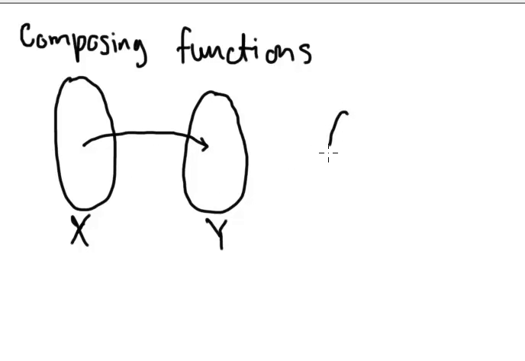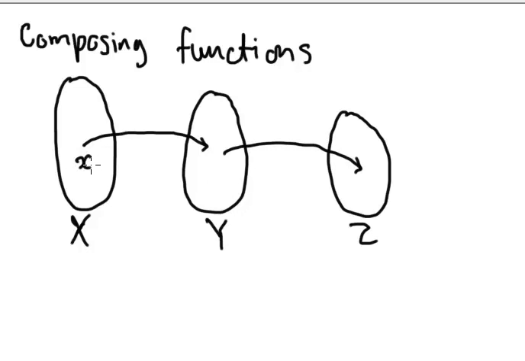And then lastly, we've got another set, which you could name z, and we've got another function, g, acting in that direction. Now, you notice that if we've got x as an input to f in this position, then we're going to have an output here, which is in the range of f, calling it f of x.